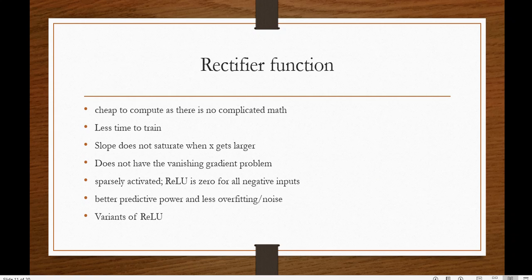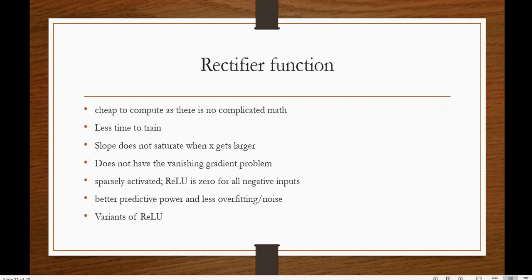So, whenever you talk about this gradient and how y responds to the x value, this is all about the positive axis, because in the negative axis, whatever the value of x, I am always getting 0 as the output. Okay, that's why it is known as sparsely activated.